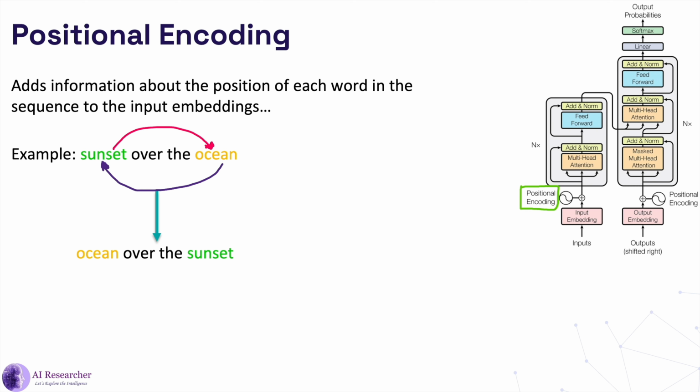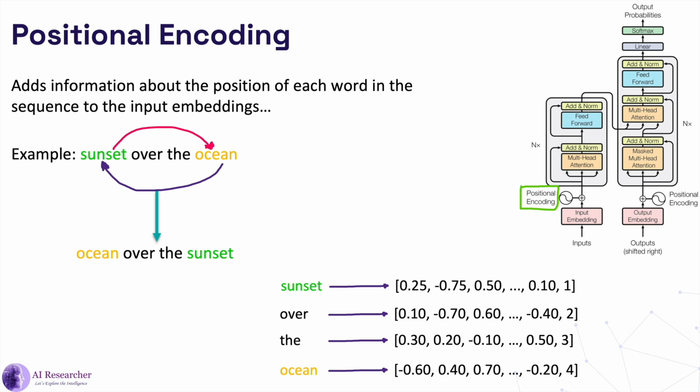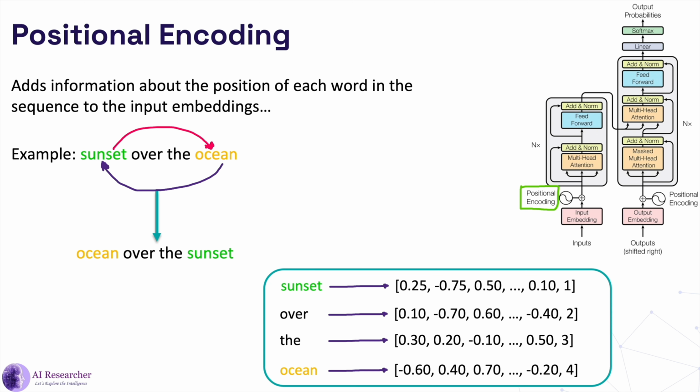So now we add a special marker to each word that shows its position in the sentence. We add a positional encoding to each word embedding matrix to convey their position in the sentence. Here in this matrix for sunset we add something like this: 0.25, minus 0.75, 0.50, 0.10 and 1.